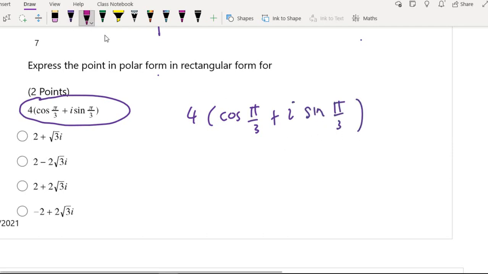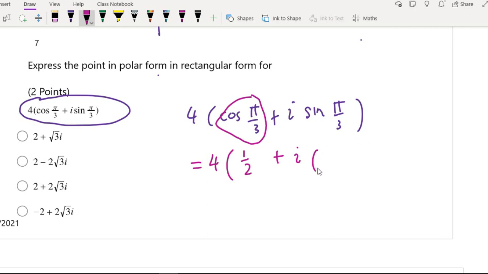You can find the value of cos pi over 3. That is half. And plus 4 here, i sin pi over 3.